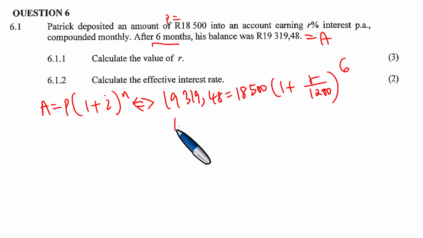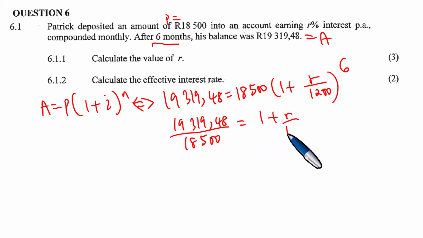In the end, you take the 19,319 Rand and 48 cents and divide by 18,500, and this is 1 plus R divided by 1,200, raised to the 6th power.